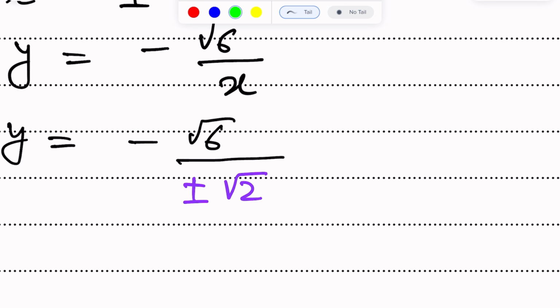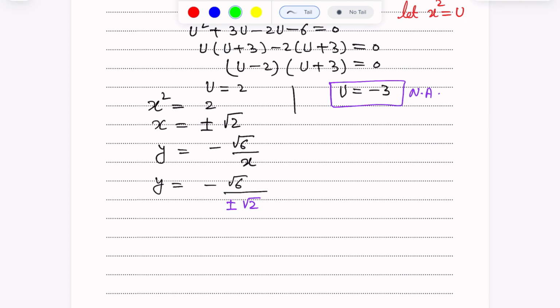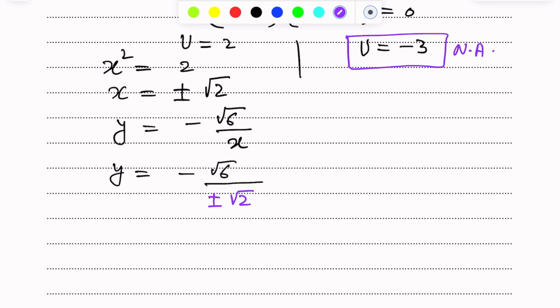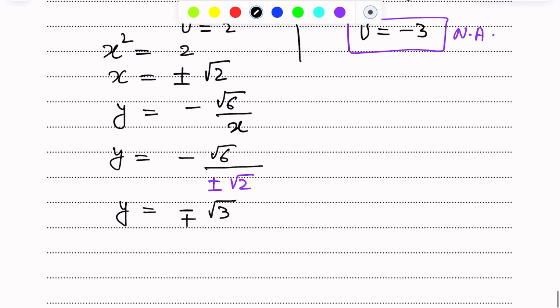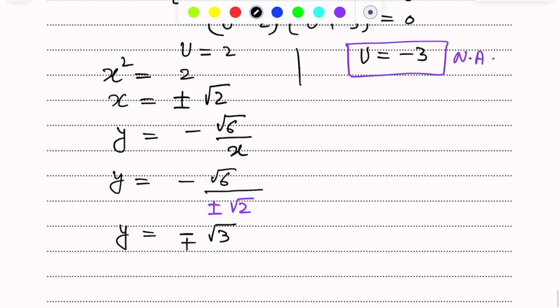So we get two values of y. This is very important. y is equal to negative under root 3 and positive under root 3. This shows that with the positive value of x, we get the value of y negative.